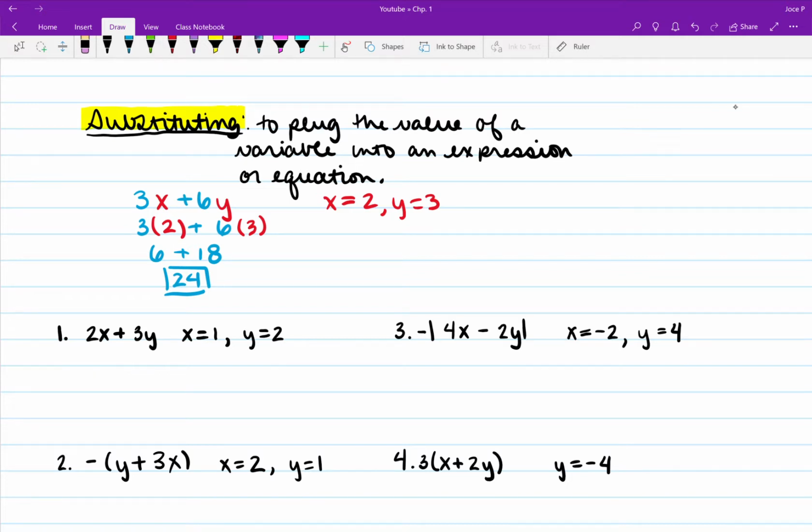For example, here, x equals 2, y equals 3. So we're going to put 2 in the place of x over here, and then 3 in the place of y over here. Then 3 times 2 equals 6. 6 times 3 equals 18. We're multiplying the value of each of the variables by their respective coefficients. Then we're going to get 24 altogether.